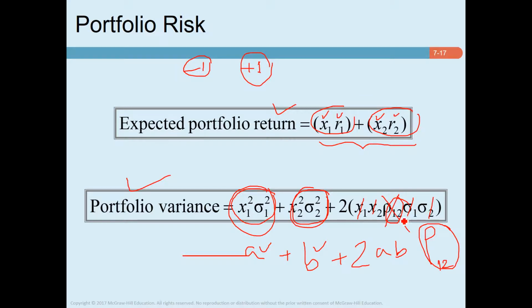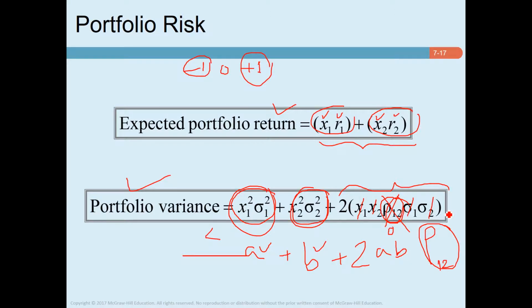Now look at one thing. Correlation can also be 0. Now look at this here. If this correlation is 0, what happens? This entire part becomes 0, right? So in that case, the portfolio variance will be less than the weighted average of the individual variances.